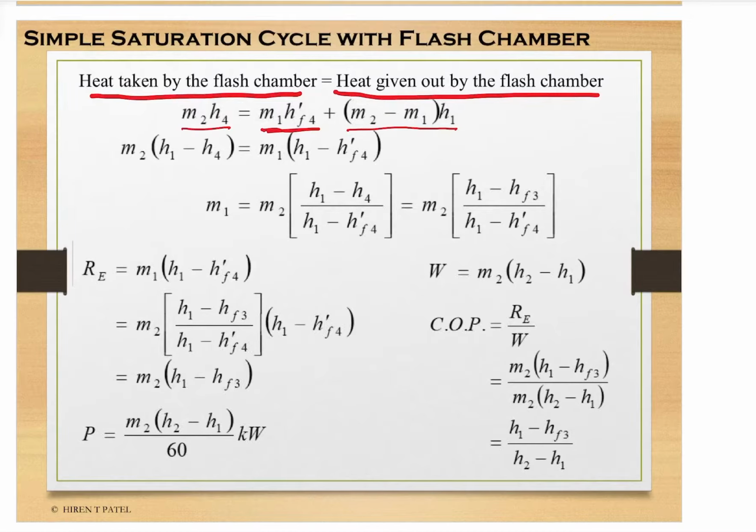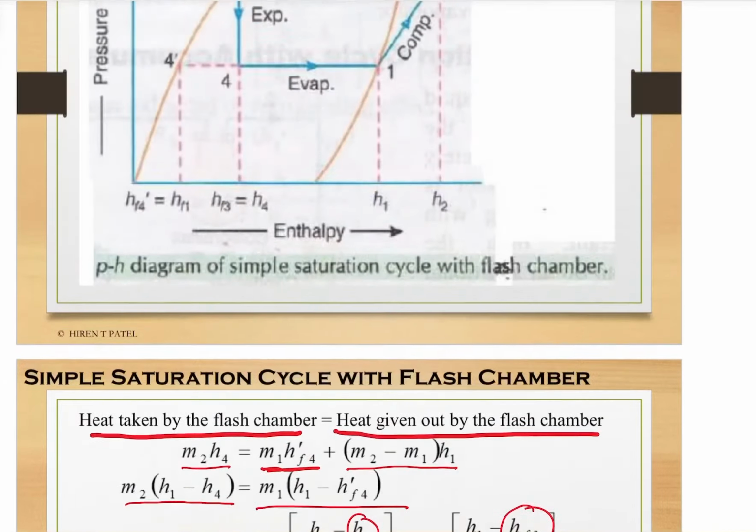Again separating M2 and M1, we have M2 (H1 minus H4) equal to M1 (H1 minus hf4 dash). From that we get the equation for M1, that is M2 (H1 minus H4) divided by (H1 minus hf4 dash). Also H4 is equal to hf3, so H4 can be replaced by hf3.